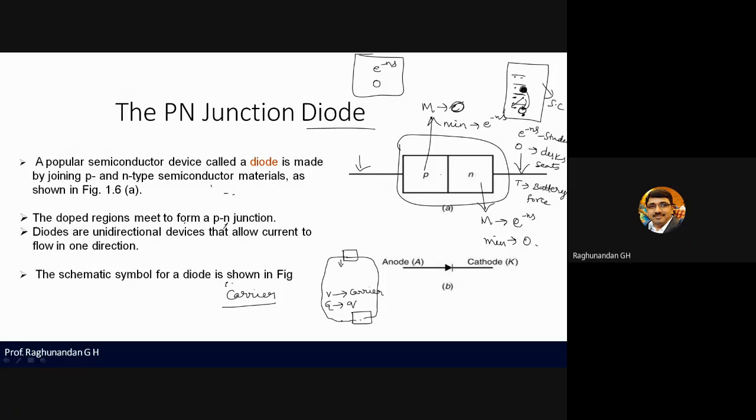From this, what did you understand? Electrons are the students, desks are the holes, and the force is the battery. Which is moving and which is not moving? Electrons are moving, holes are not moving, sir.